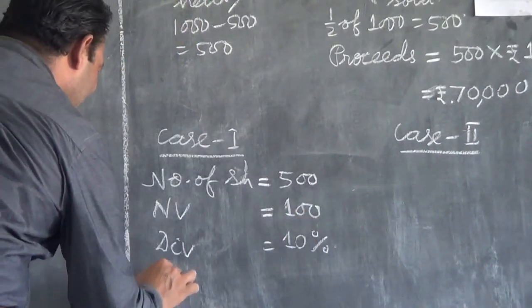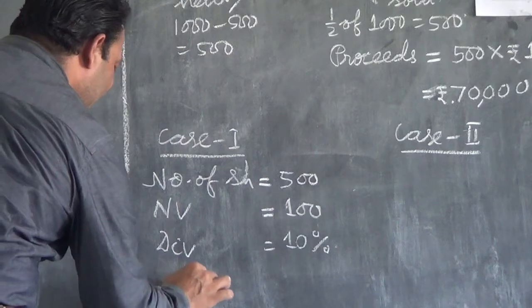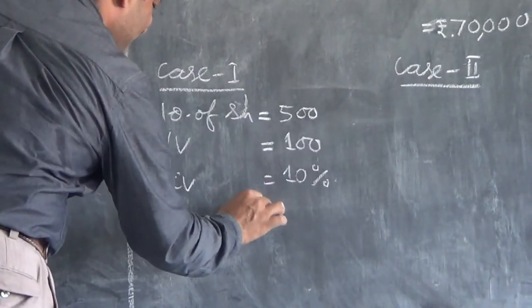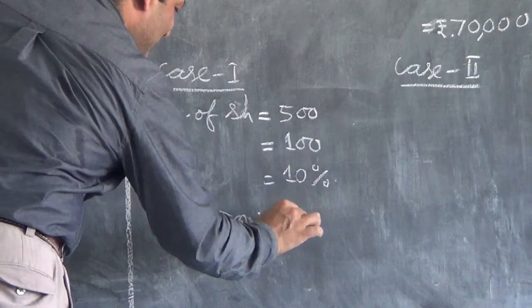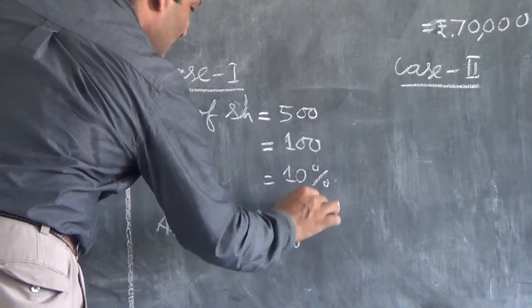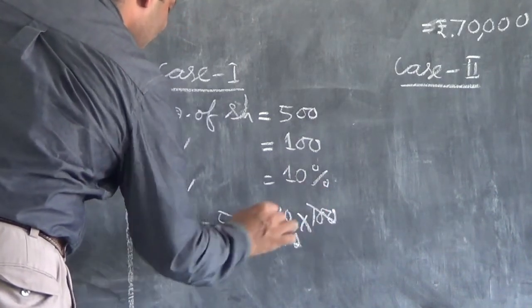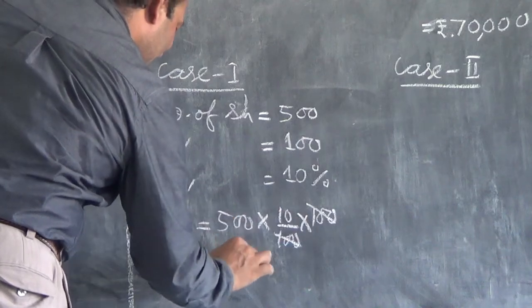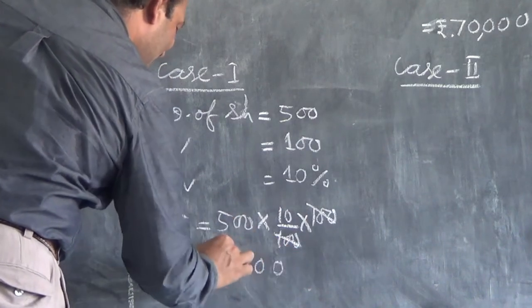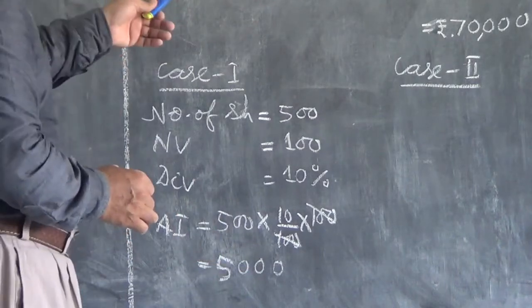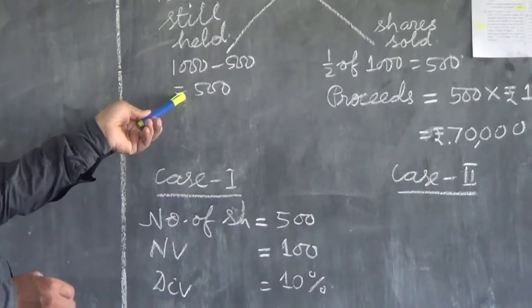So annual income equals number of shares 500 into 10% of rupees 100 nominal value. So how much did he get? 5,000 rupees annual income, because of the 500 shares that he held.